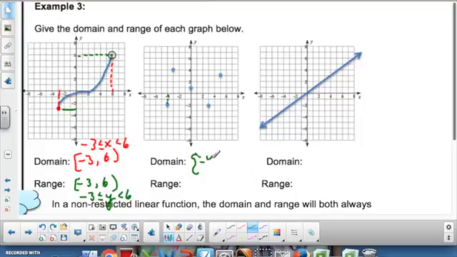So I'm writing -4. I've got a -3 here. I've got a 0, a 3, and a 5. So that's my domain.